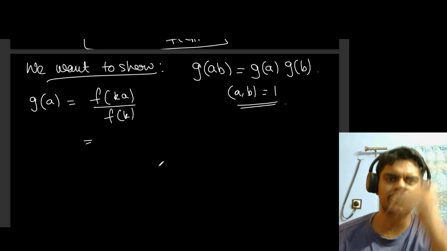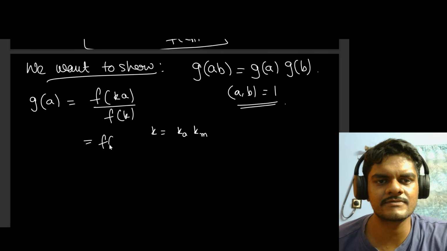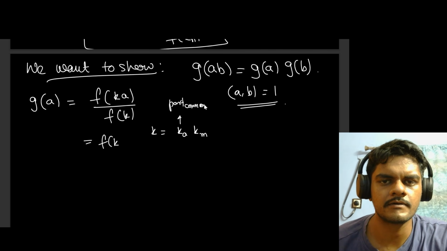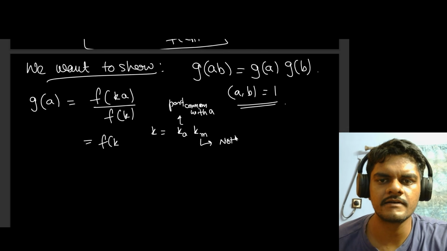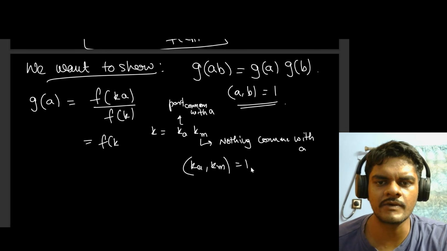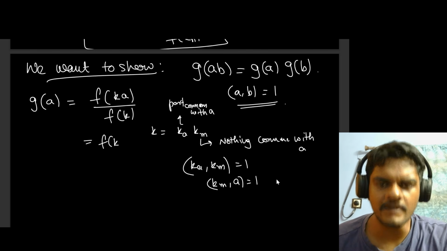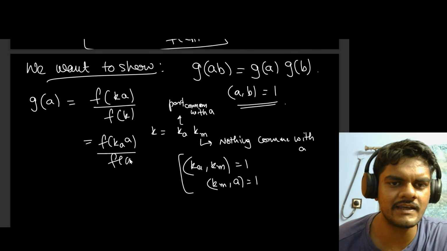As before, I can write k as KA into Km, where KA is the part common with A and Km has nothing common with A. I'll repeat it: KA comma Km is 1, Km comma A is 1. So we can write this as f of KA A by f of K.